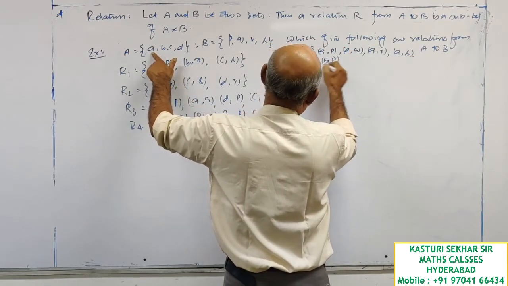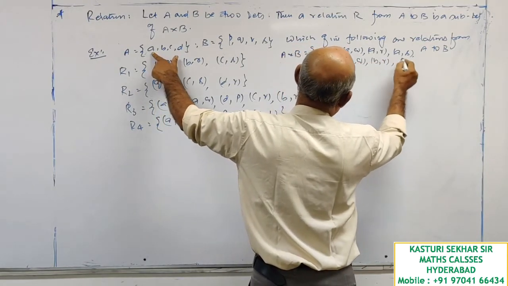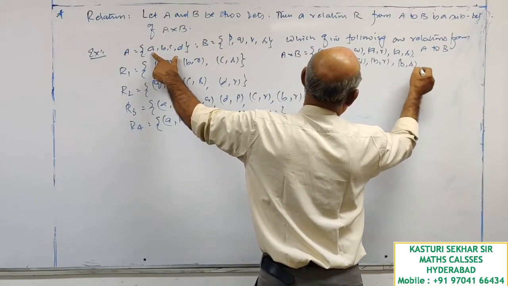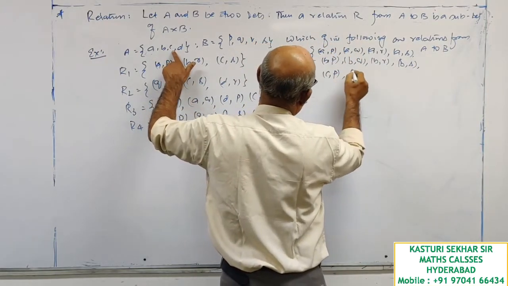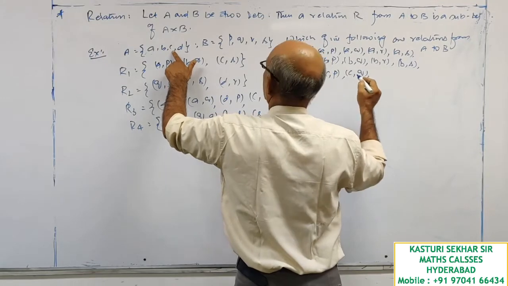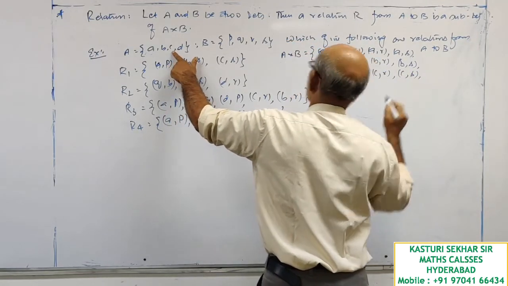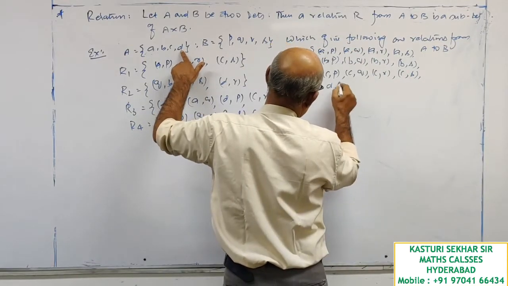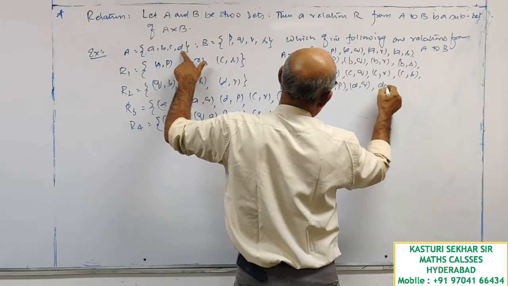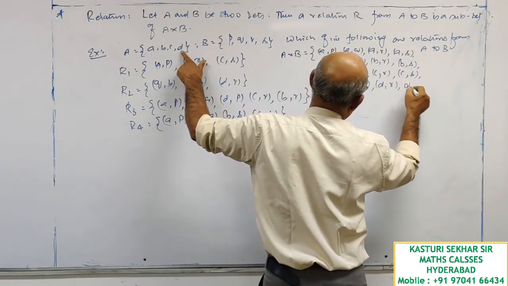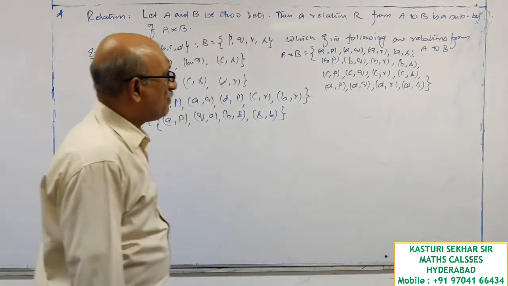Then (b, p), (b, q), (b, r), (b, s). (c, p), (c, q), (c, r), (c, s). (d, p), (d, q), (d, r), (d, s). This is our Cartesian product.